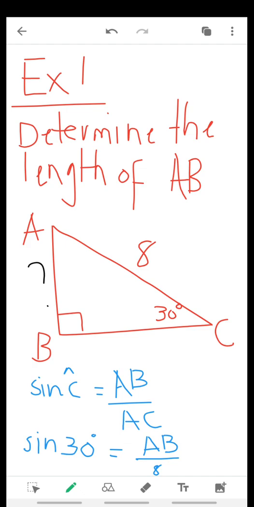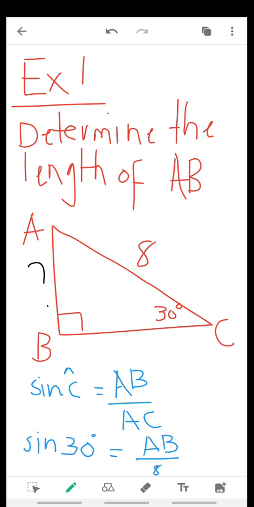What is that? That is the sine trig ratio. So sine of angle C equals AB, opposite, all over AC, hypotenuse. When you substitute, angle C is 30 degrees, equals AB over AC.